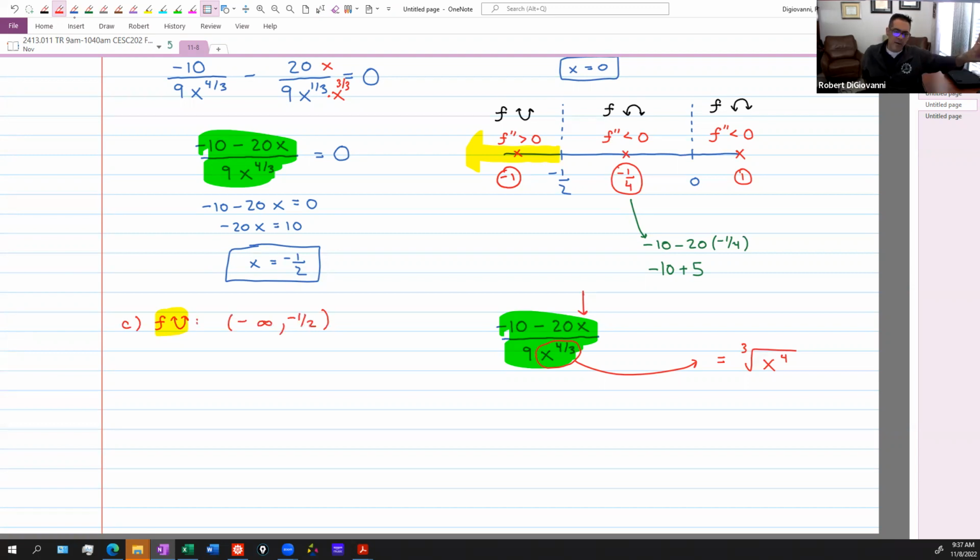Right, to the left of -1/2, we are concave up. And then we are concave down. Actually, we're concave down to the right of -1/2 the whole time. So we can say from -1/2 to infinity.